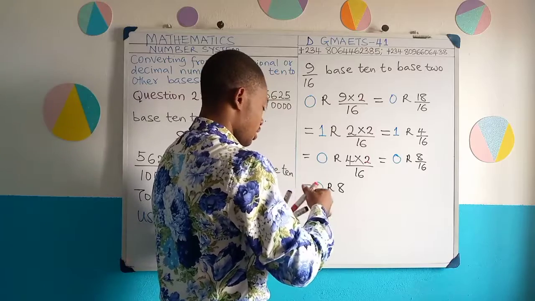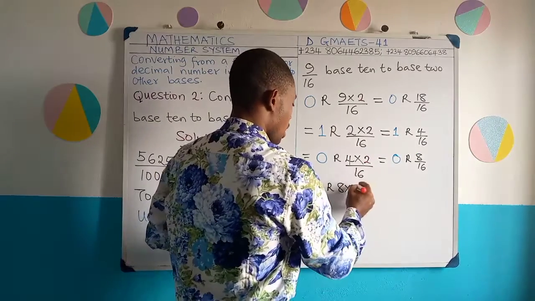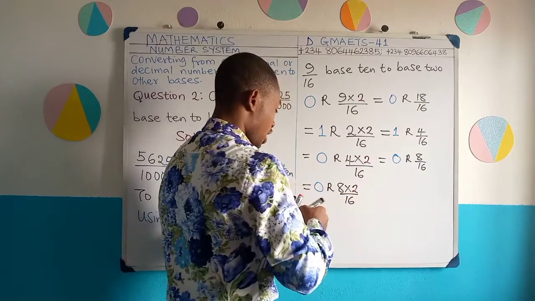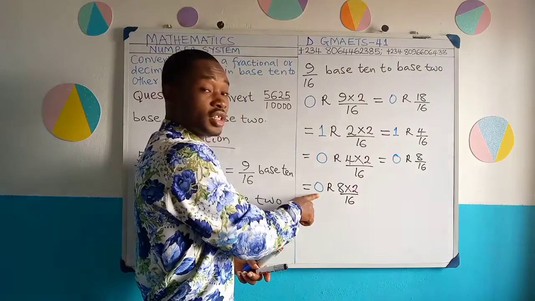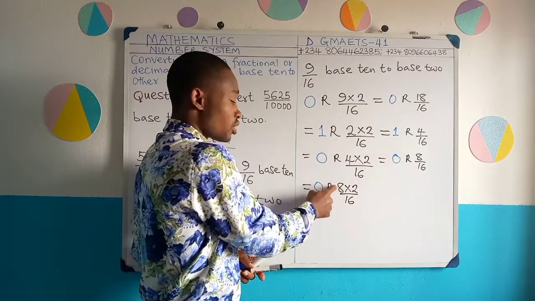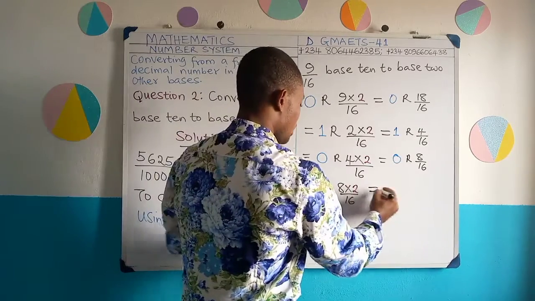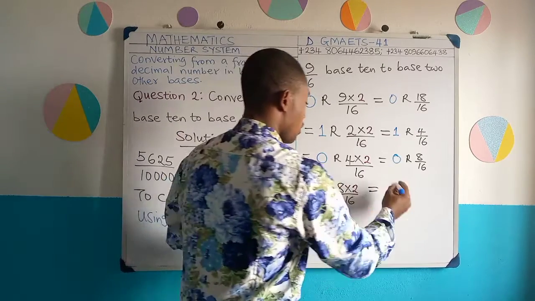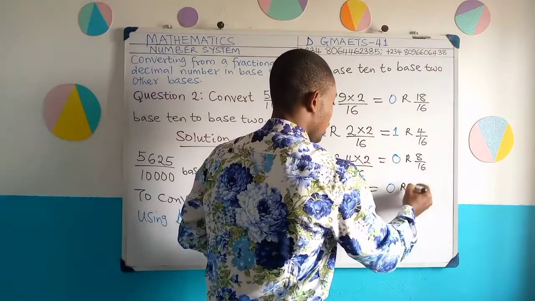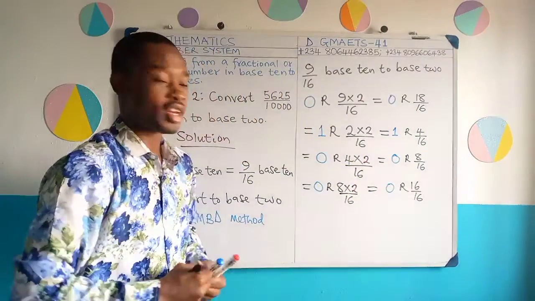Multiply that 8 by the new base you are converting to, which is 2, and then divide what you have there by the denominator again, which is 16. Now the answer we got here is 0. When we did 8 over 16, it gave us 0 remainder 8. We multiply that 8 by the new base we are converting to. If you work on this, this is going to give us 0 remainder 16 over 16, because 8 times 2 will give you 16.